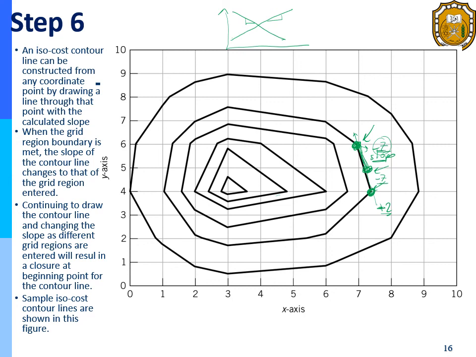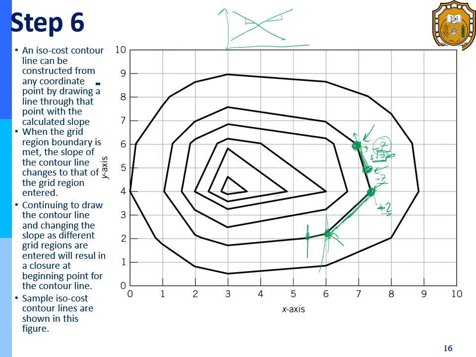Then, starting from this one, I will be moving using this slope +2 until I hit the border of the next grid, identify this coordinate, and then move until the next point and identify that coordinate.